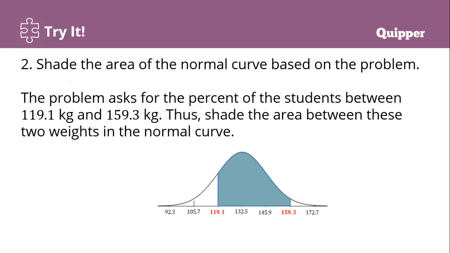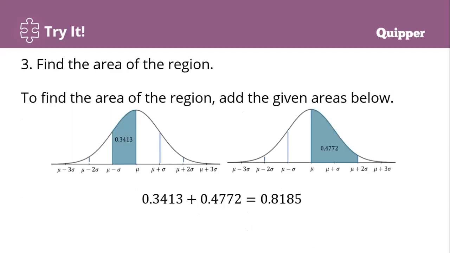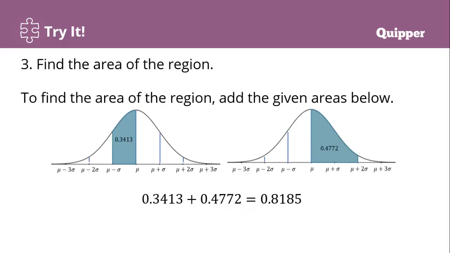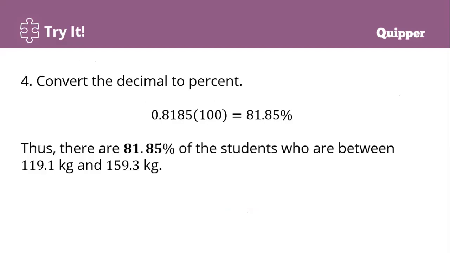Shade the area of the normal curve based on the problem. The problem asks for the percent of students between 119.1 kilograms and 159.3 kilograms, so shade the area between these two weights. To find the area of the region, add the given areas below: 0.3413 plus 0.4772 equals 0.8185.